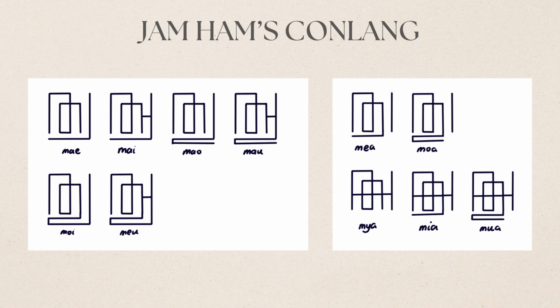For moi and meo, it uses its own special attachments to the base consonant. So moi, it creates an o vowel and then it leads on to an a. And for meo, it's the same, except there's also this attaching line here. For mea, moa, mua, mia, and mua, you use the same rules as these vowels. You simply add the a next to the consonant. But specifically for mea, mia, and mua, you make the line extend to that a letter.